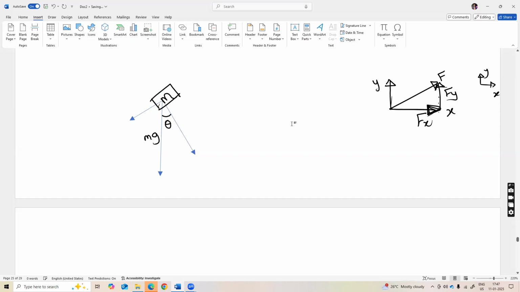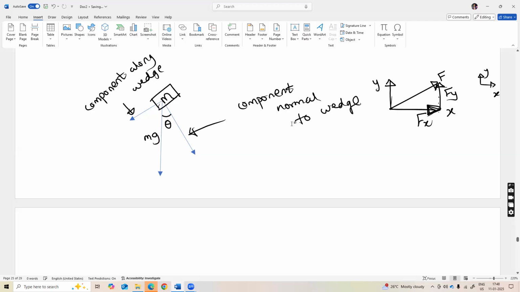Yes, sir. That's clear. So this is the component along the wedge, and this is the component normal to the wedge, which we have to find out. Yes, sir. Now these two are perpendicular to each other, right? These two components. Yes, sir.